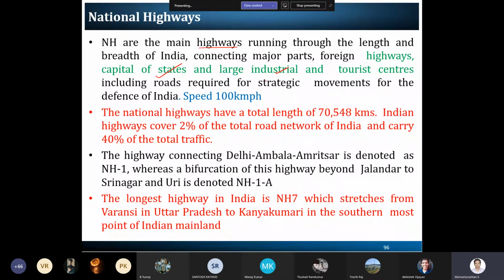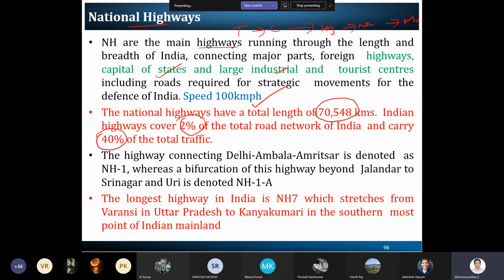For example, if you want to travel from Tiruchi to Chennai, or Chennai to Hyderabad, or Hyderabad to Nagpur, Nagpur to Mumbai, all are connected by the national highways, and the allowable speed is 100 km/h. The national highways have a length of 70,548 kilometers, which is 2% of the overall length, but they carry 40% of the total traffic.